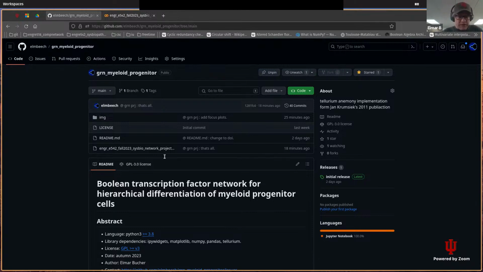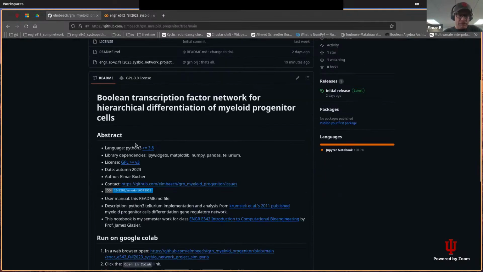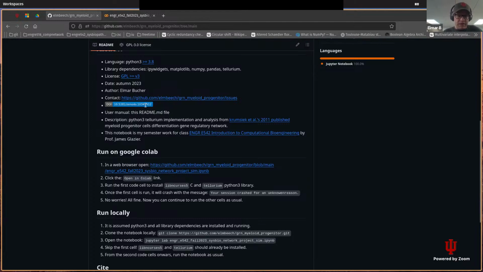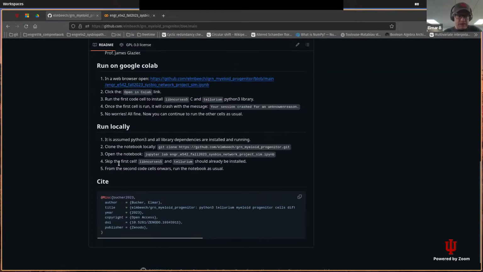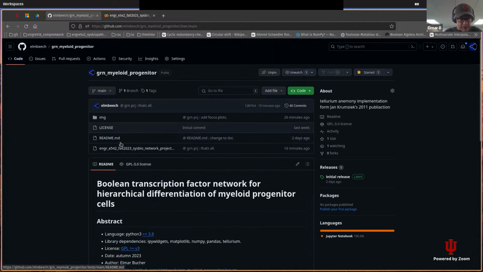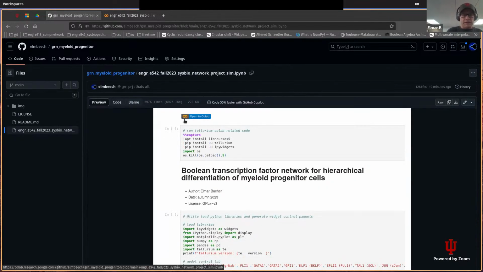So I start here with my GitHub account. I have a README page where I also generated this DOI, and here I even have a citation, and the notebook is of course here, and you can start it. It loads, but then you can press this open in Colab button, and I did this already, and it opens in a separate tab.